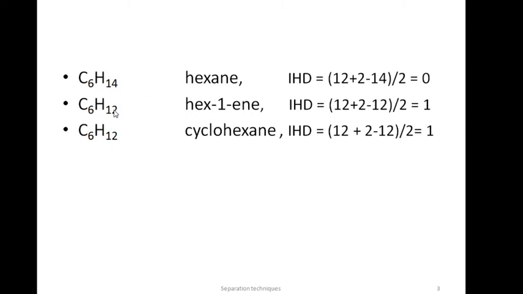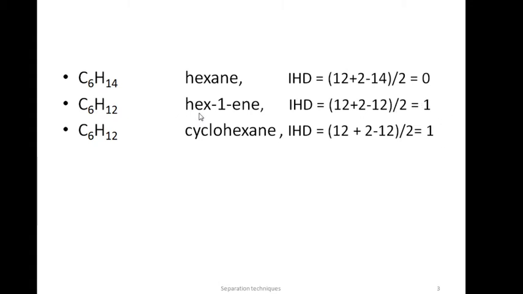Say you have the formula C6H12. There are two possibilities. See here, this is CnH2n, which means there should be at least one double bond. So you can write it in two ways. It can be hex-1-ene or it can be cyclohexane. When you calculate the hydrogen deficiency for both, you are going to get 1.